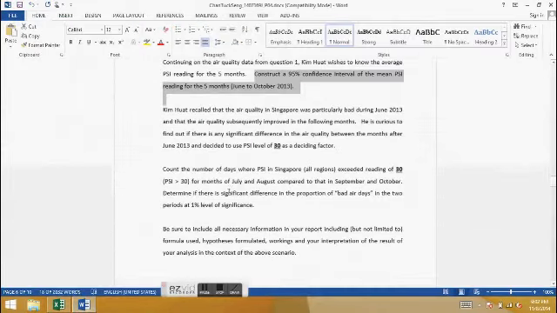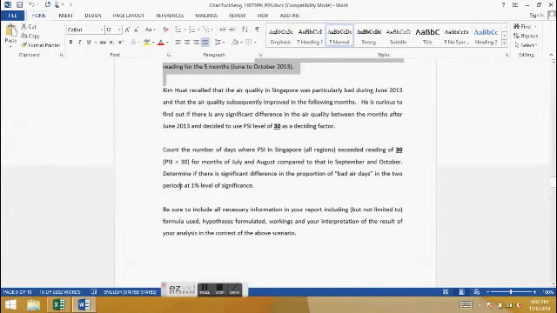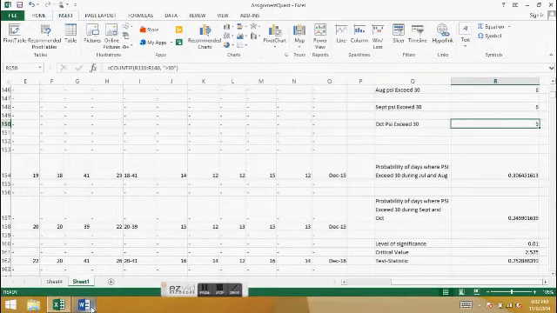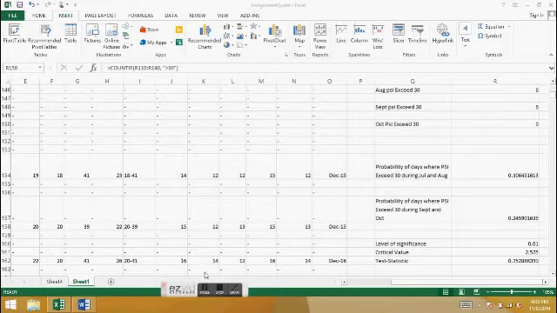And they have indicated the level of significance to be 0.01. So we write the 0.01 here, and the critical value which I mentioned earlier. As the level of significance is 0.01, which is equal to 1% of the shaded region, it also means that the unshaded region is 99%.